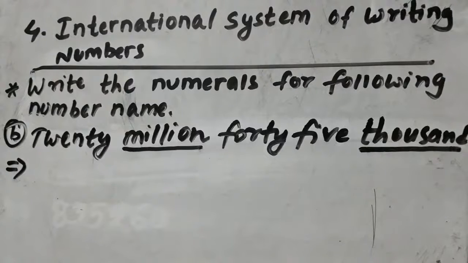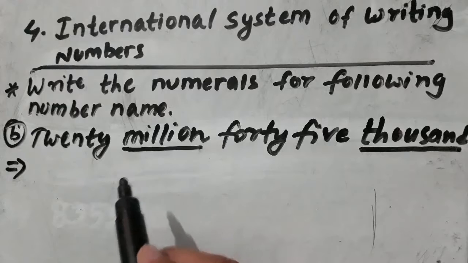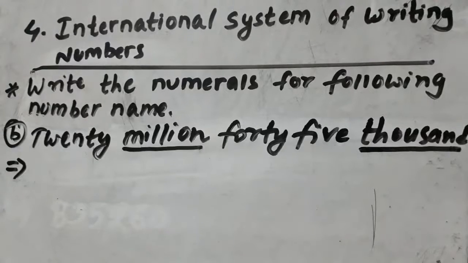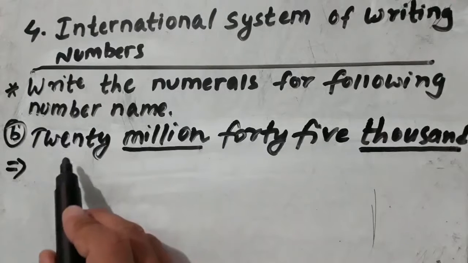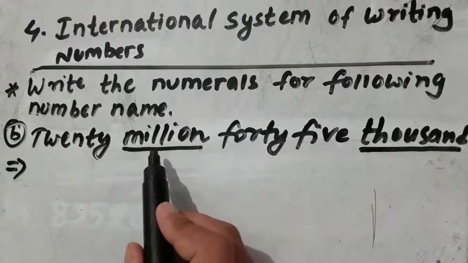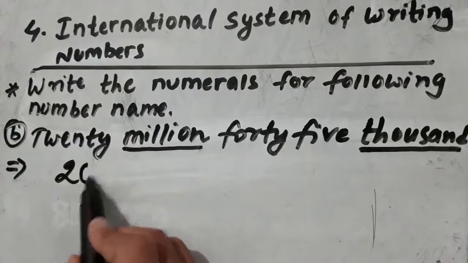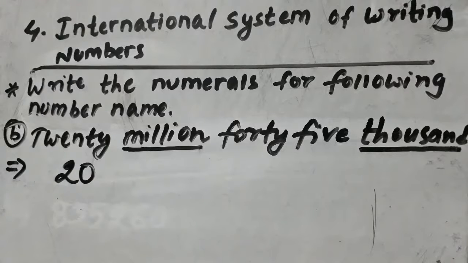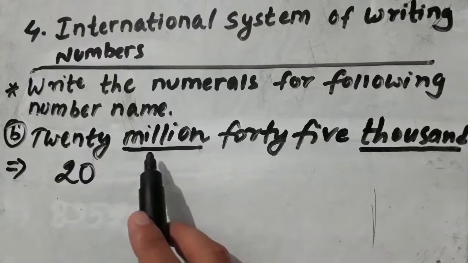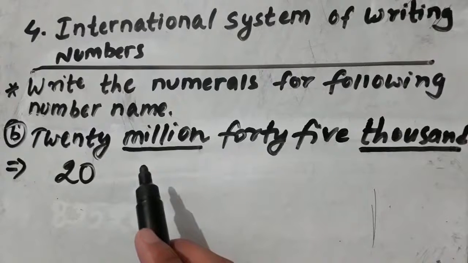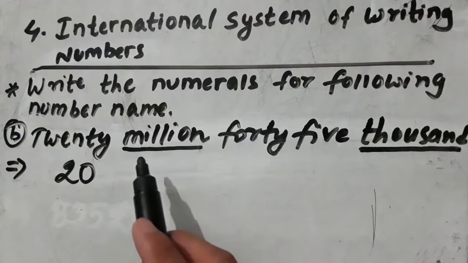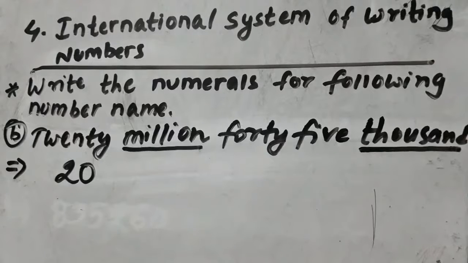So now students, we should see. Before million there is 20. Million को अगाडि 20 रहेको छ. So 20 means 20. Now students, as we all know, the period of million consists of 3 places: million, 10 million and 100 million.